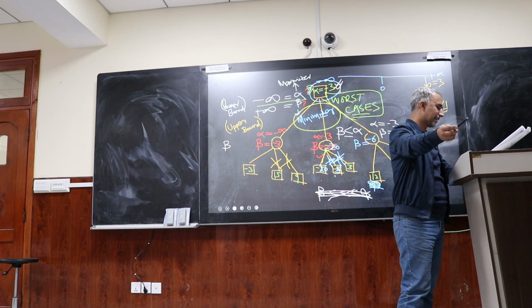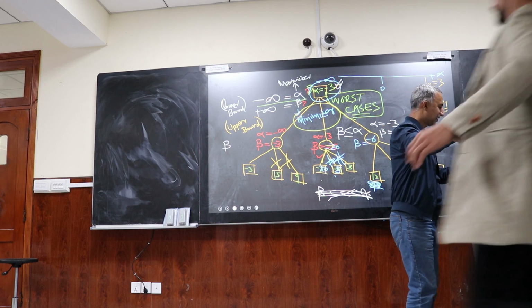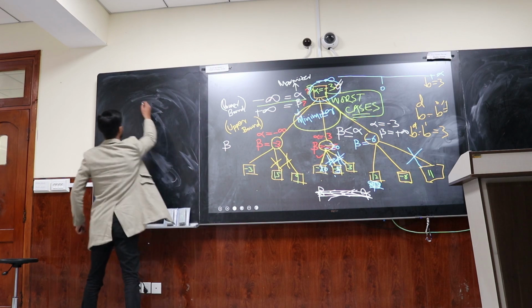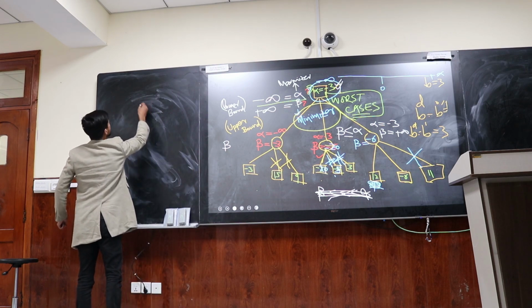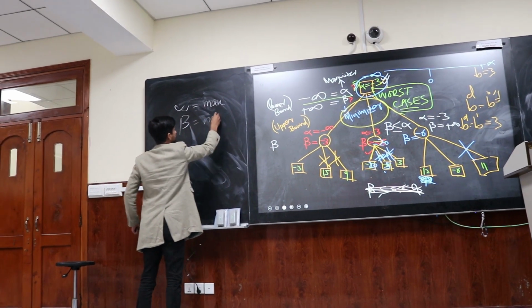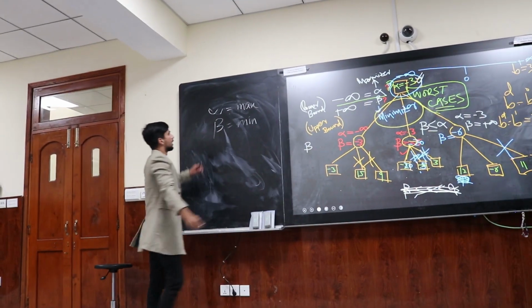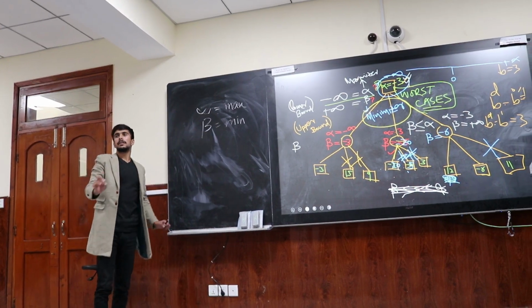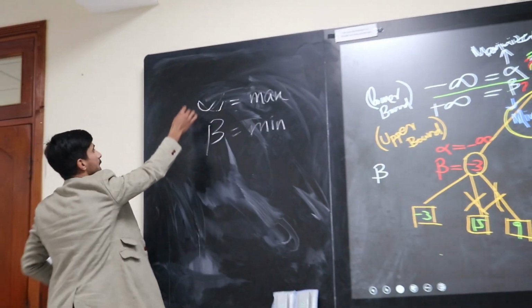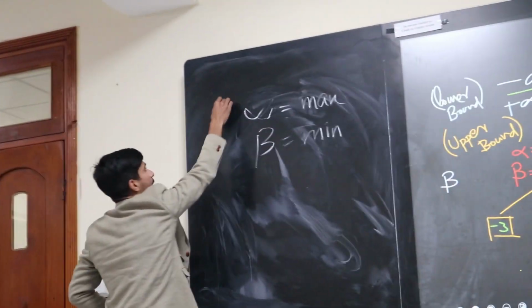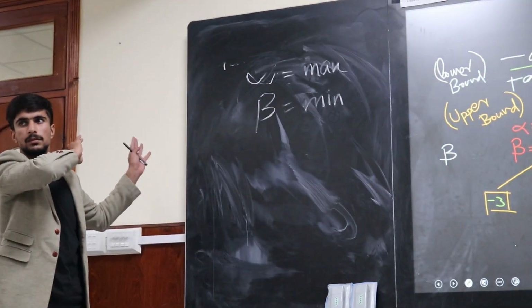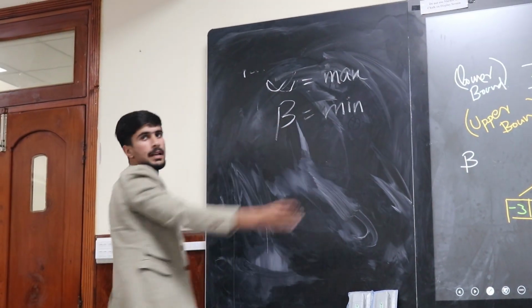Alpha is a maximizer, so alpha will accept a greater value than itself. For example, if alpha is 1, it will accept values greater than 1, not smaller. And beta is the minimizer.